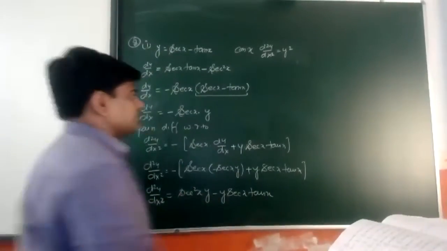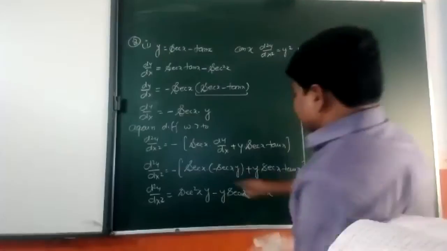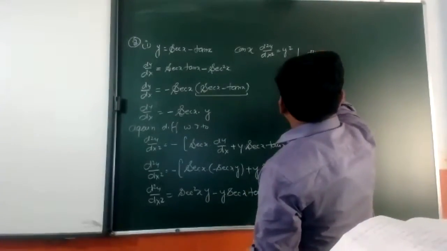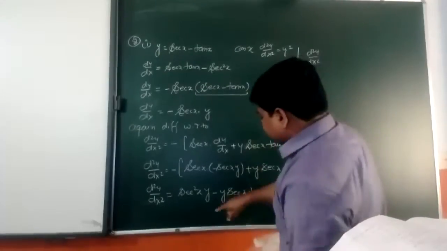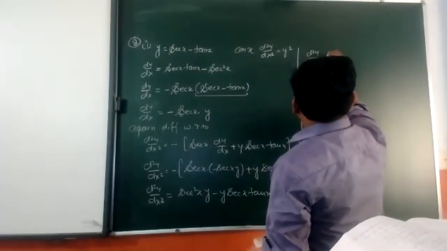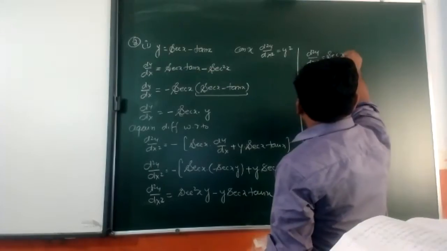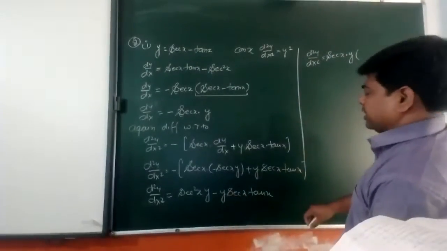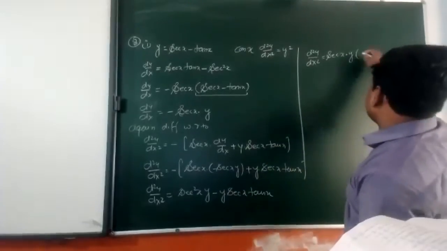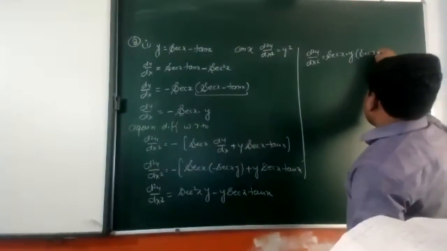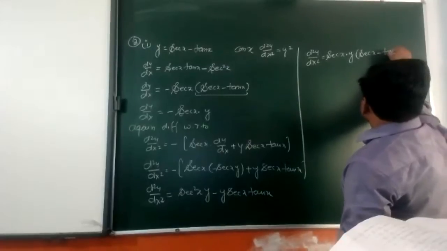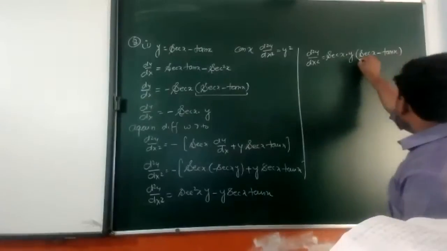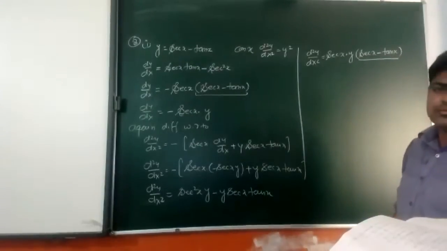Now see, from the question, I am going to take d2y by dx square on the left hand side, and sec x into y I am taking common. Then inside the bracket, we have sec x minus tan x, and this sec x minus tan x is written as y.